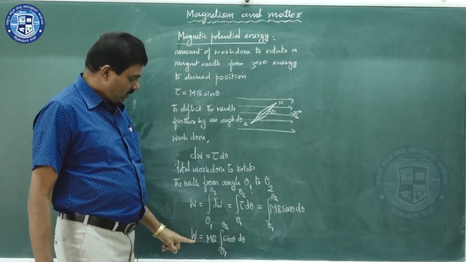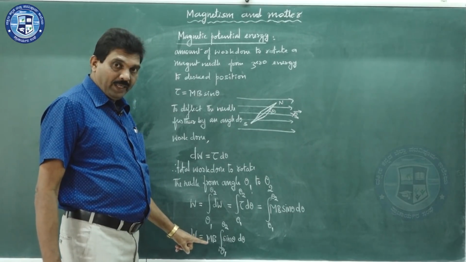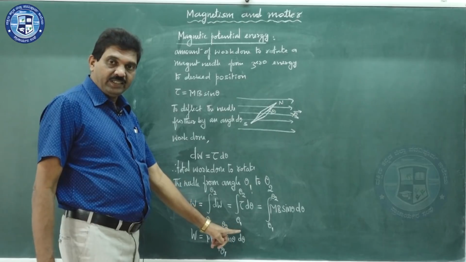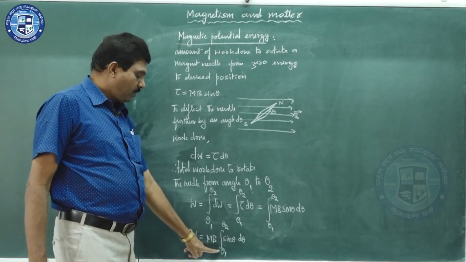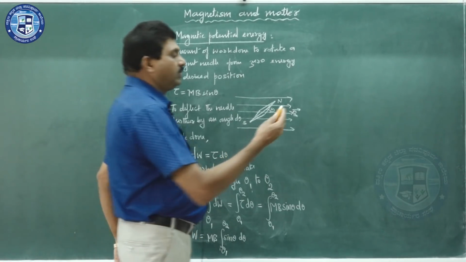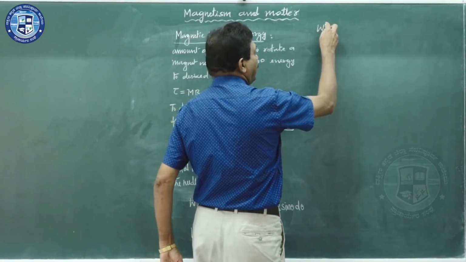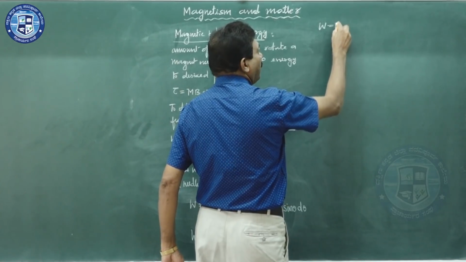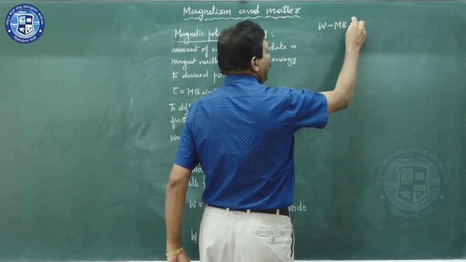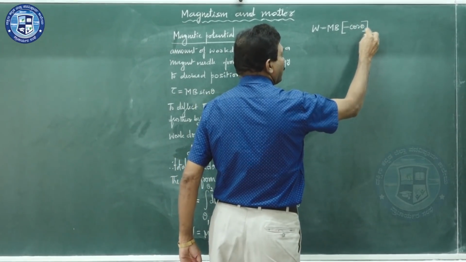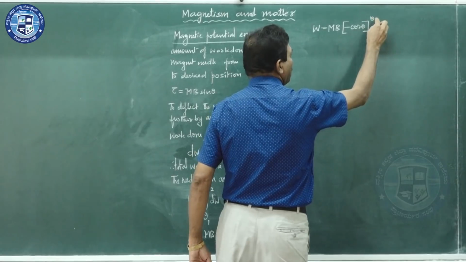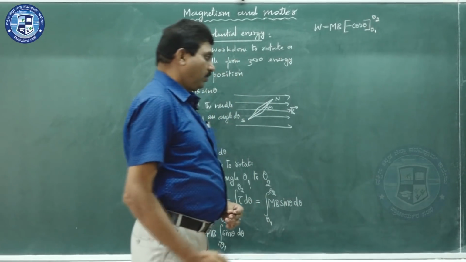We saw the expression now, W is equal to mB integration of sin theta d theta, the limits of theta 1 to theta 2. Now integrating, what you get is W is equal to mB integration of sin theta, which is minus cos theta from theta 1 to theta 2.